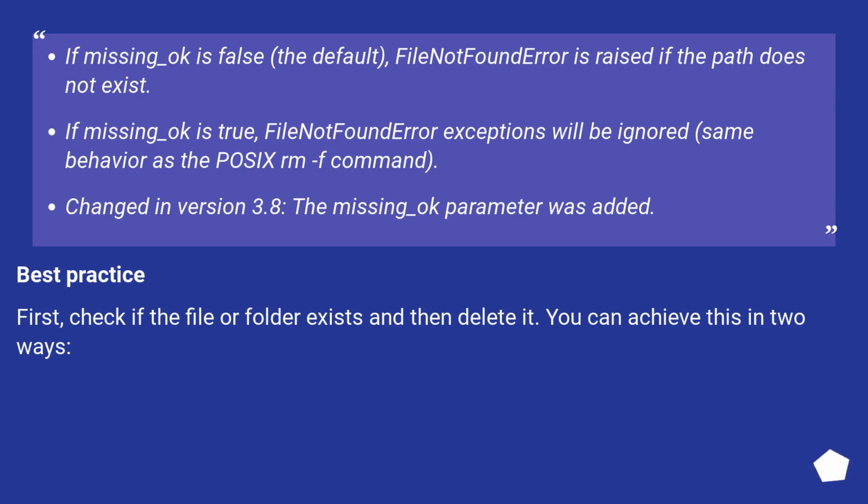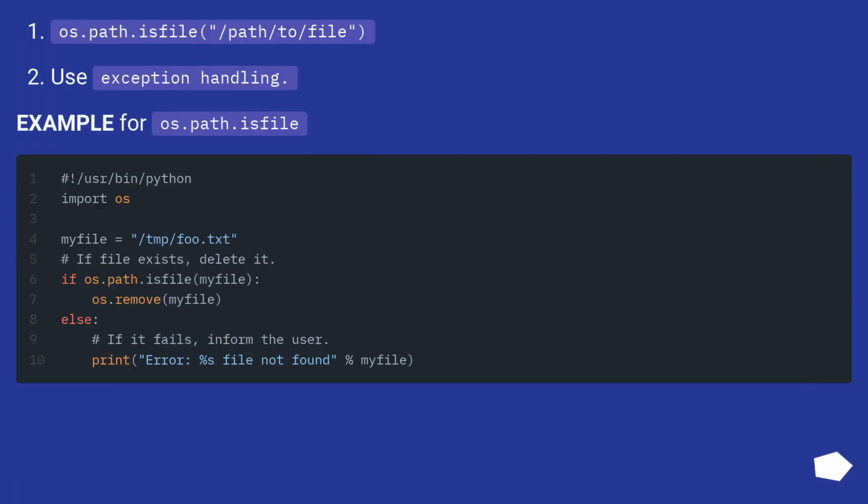Best practice: first, check if the file or folder exists and then delete it. You can achieve this in two ways: os.path.isfile("/path/to/file"), or use exception handling.